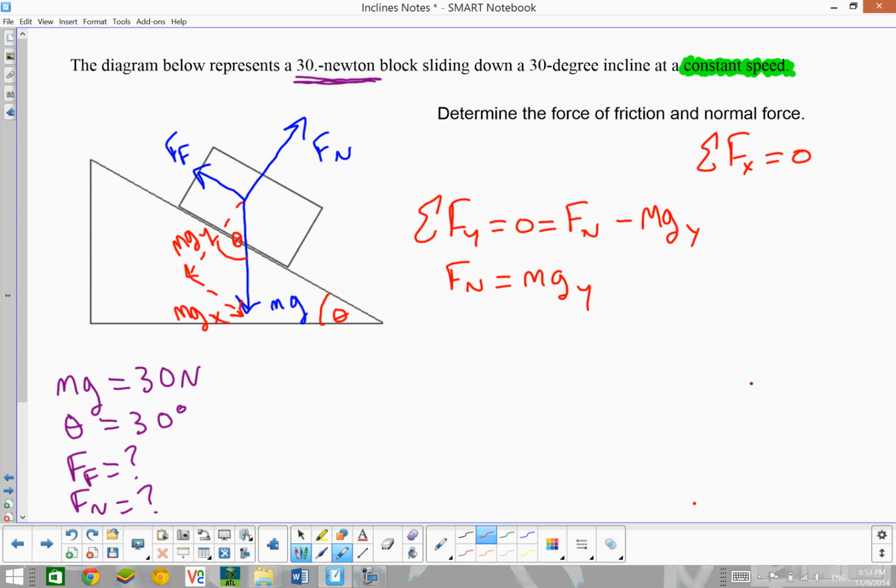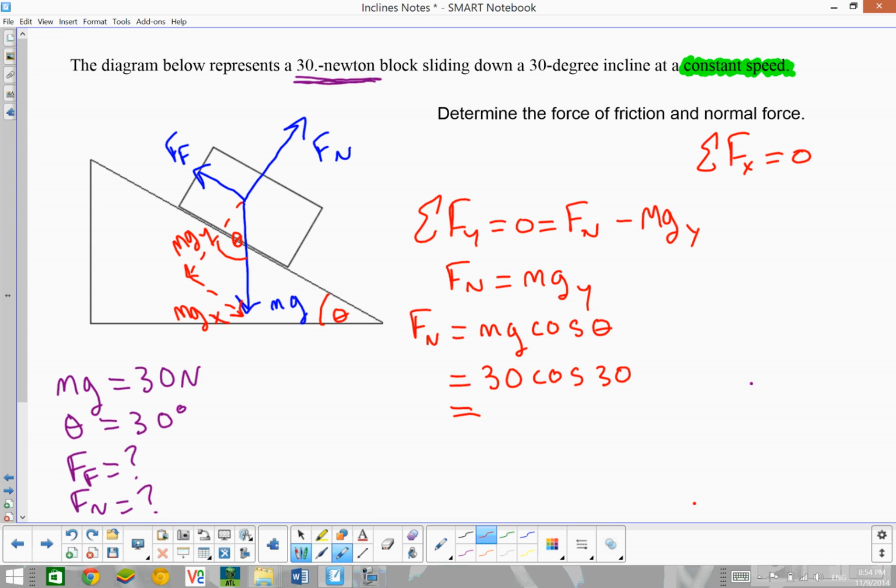Now because I know mg, and I know theta, I can set up mgy in terms of mg, just as I did in the prior slides. I remember that mg is adjacent to my angle theta, so I need to use cosine. So I know my normal force is mg cosine theta. Because I know mg and cosine, I can solve for this problem. 30 cosine 30.